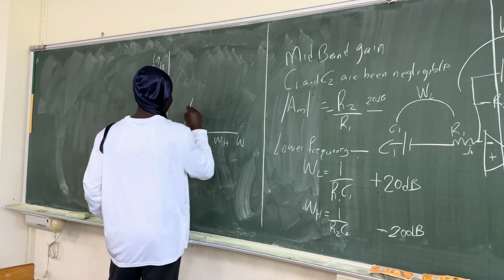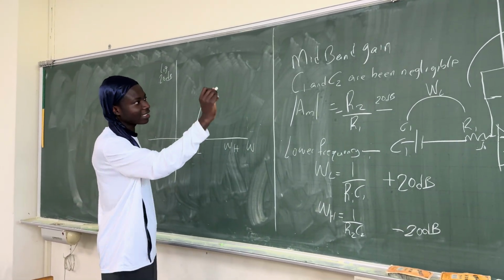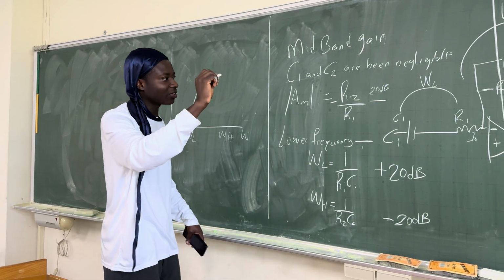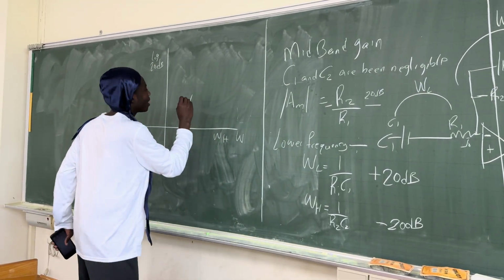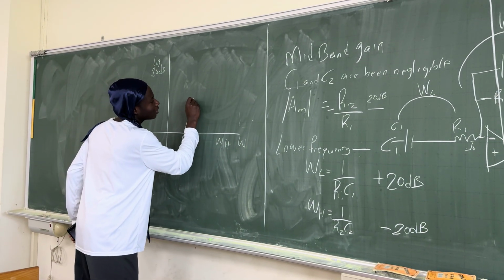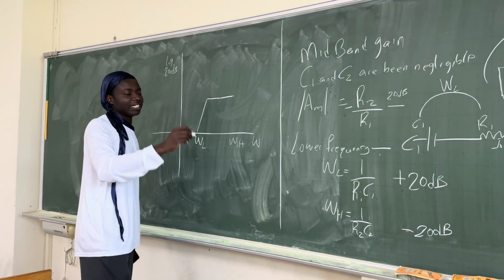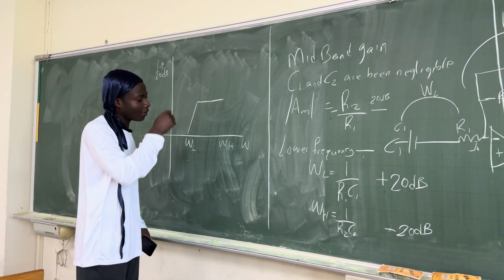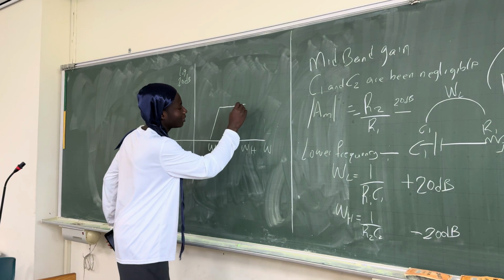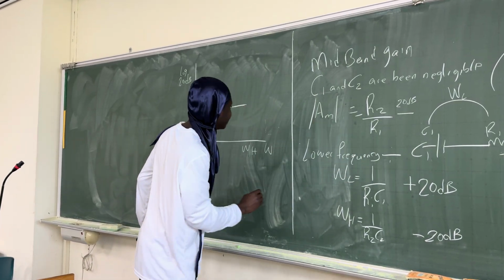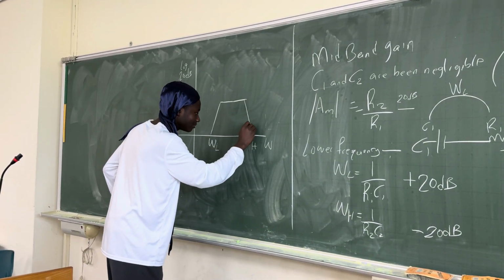So it goes up this way. Then the mid band gain is constant. It does not increase and it does not decrease. So the plot goes flat. Then the upper frequency goes down this way because it is decreased by 20 decibel.